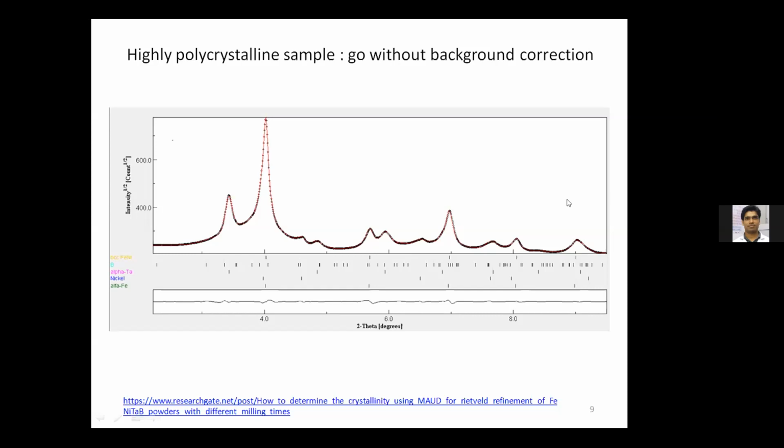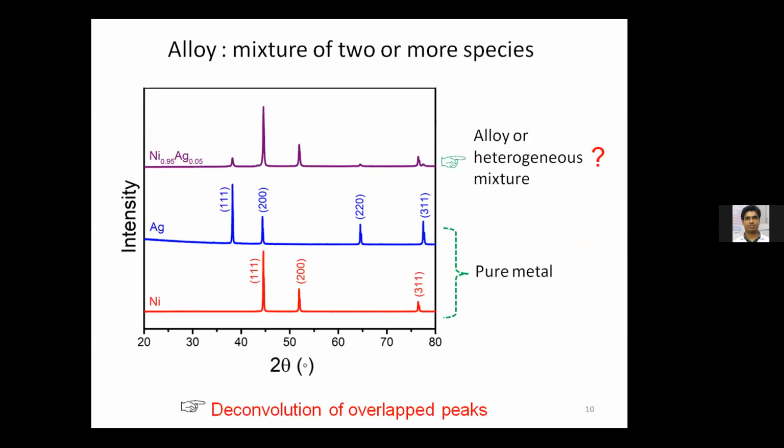So these two questions were there, and today I'll be presenting the next part of the Rietveld refinement, where we're using a more complicated system. We have worked on this system and published it in our Angewandte paper. We have worked with a hetero-alloy, a nickel silver alloy material.